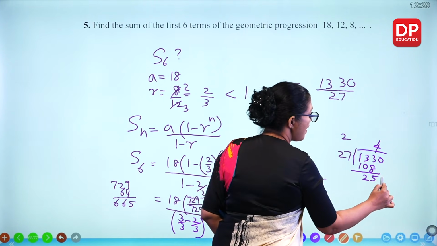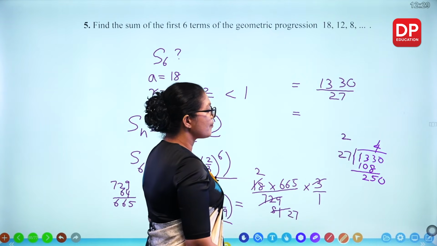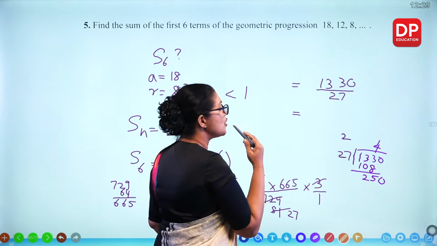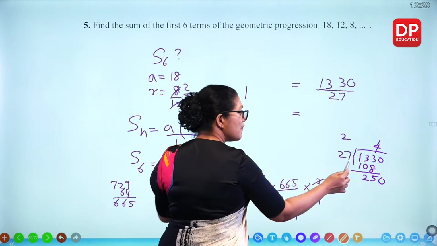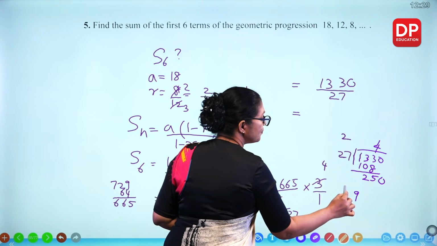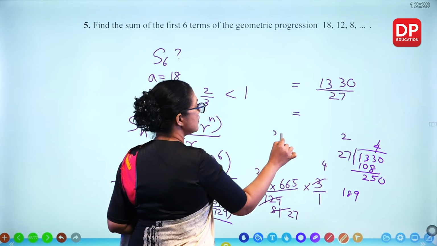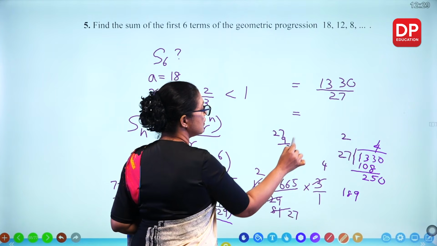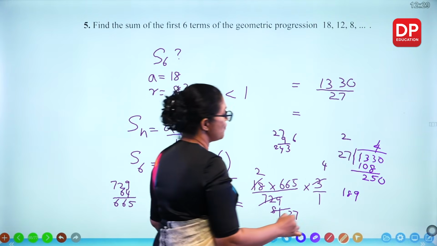For 250, when you multiply by 7, 189. 9, that's less than 250.